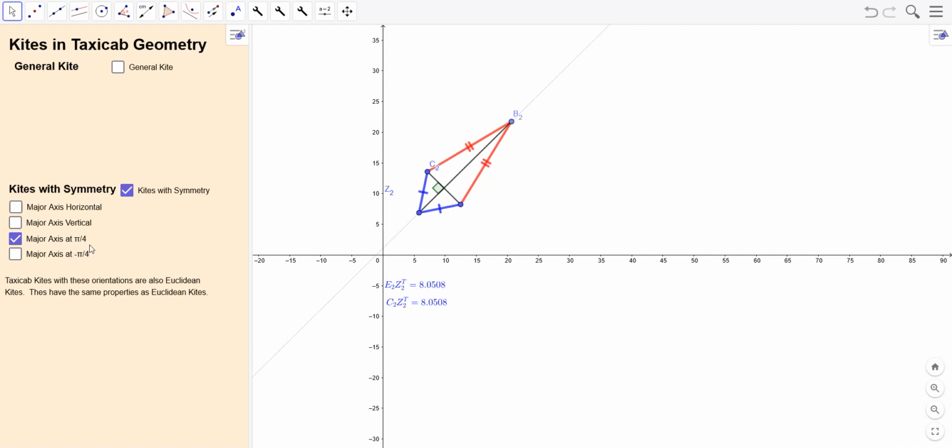If the angles make 45 degrees or pi over 4 with the horizontal, in other words, they have a slope of 1 or -1, then that also works as well. So once again, those reflections over those lines map a triangle to a congruent triangle as well. So these particular ones work out to have all the properties that a normal kite would have in Euclidean geometry.